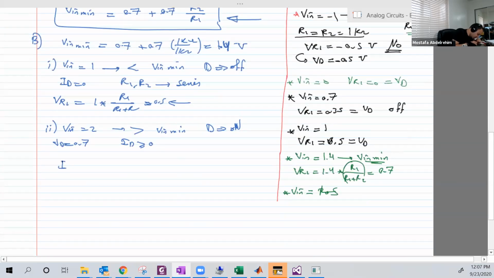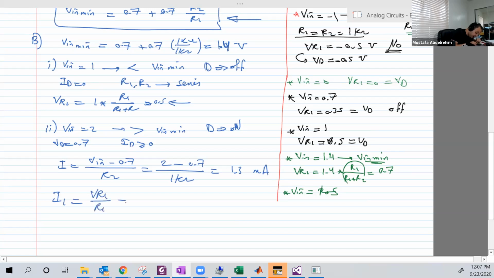So I is equal to V input minus 0.7 over R2. V input is 2 minus 0.7 over R2, which is 1 kilo ohm. This is 1.3 milliamps. You can determine also I1. It's equal to VR1 over R1. And VR1 is just in parallel with the diode, which is 0.7. So 0.7 over R1, which is 1 kilo ohm, 0.7 milliamps.